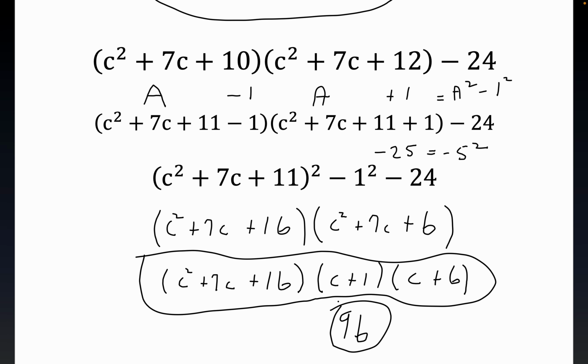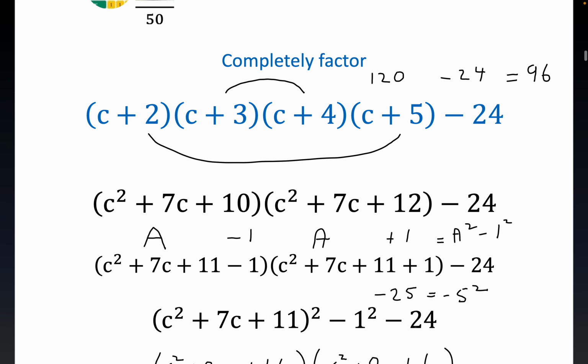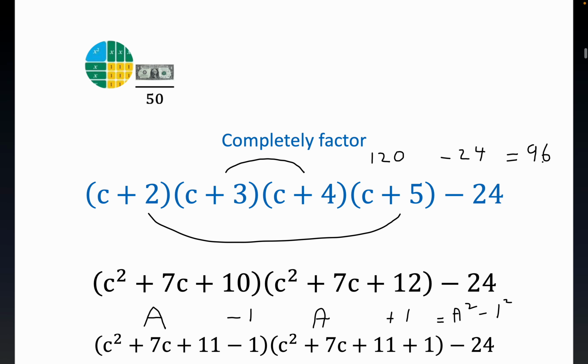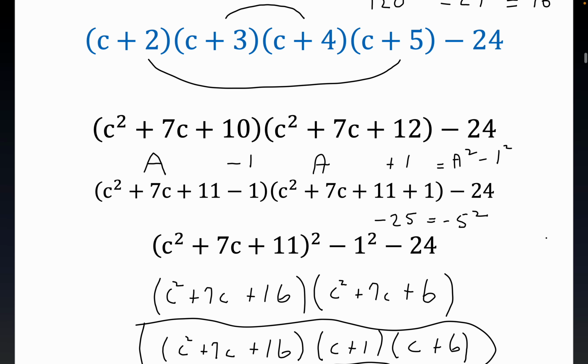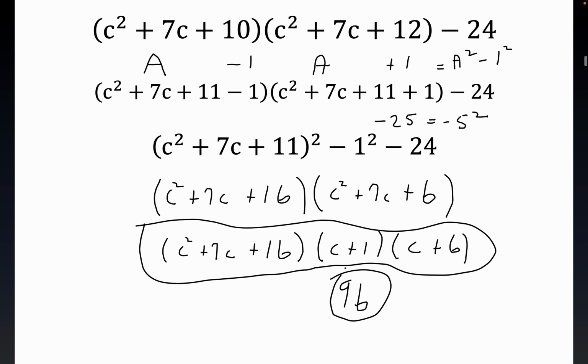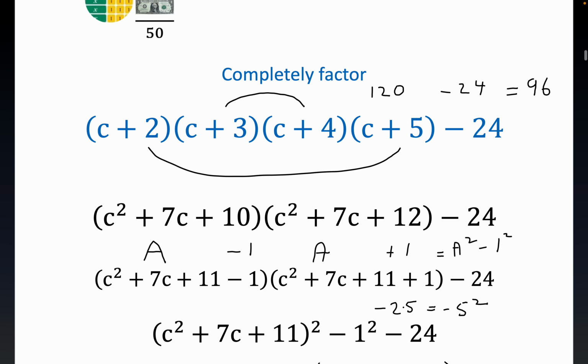You can multiply it out to verify, but notice the product of the constant terms here is 96, just like we had up here. 96 was the constant term for this polynomial, and so necessarily 96 would have to be the constant term for the factored polynomial. That's a necessary but not a sufficient condition. So we may have still made a mistake somewhere in here, but if you expand this out, you'll indeed see that it's equal to our original expression.